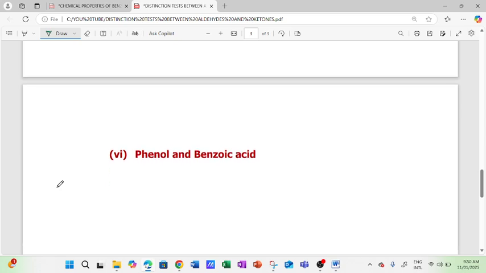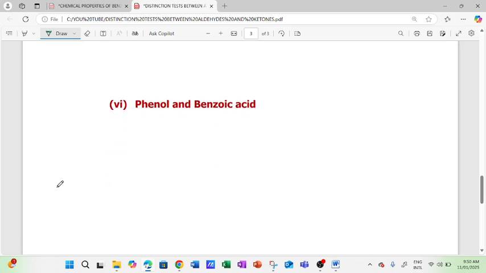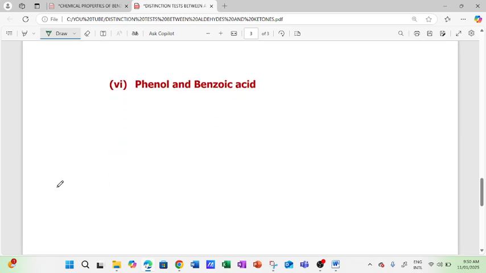Next, phenol and benzoic acid, one alcohol and one acid. This can be understood by using the sodium bicarbonate test. So the test name is bicarbonate test. Bicarbonate test is answered only by acid, not by phenol. So you take the acid, benzoic acid in the question, and add NaHCO3, that is sodium bicarbonate.